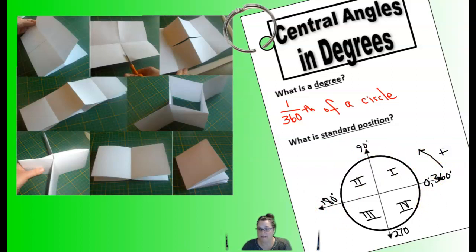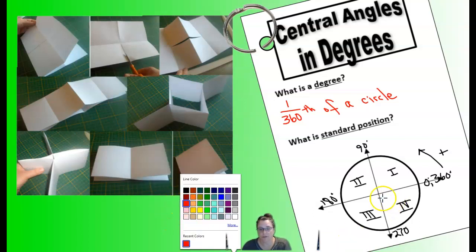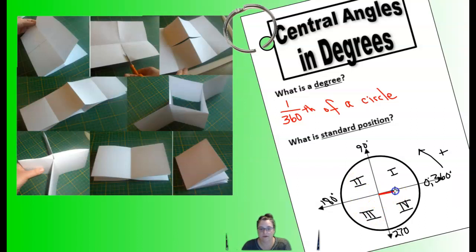Now, a central angle is an angle whose measure is determined by the terminal side of the angle. So let's look at what that vocabulary is telling us. So here along the positive x-axis, that is my initial side of the angle, or the starting ray of the angle, and we call that the initial side.